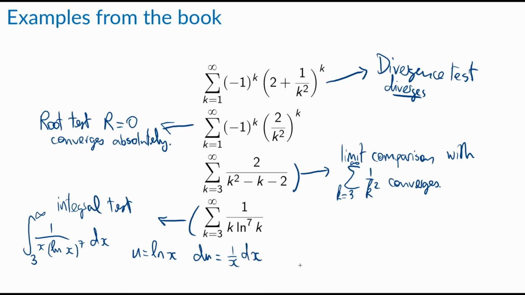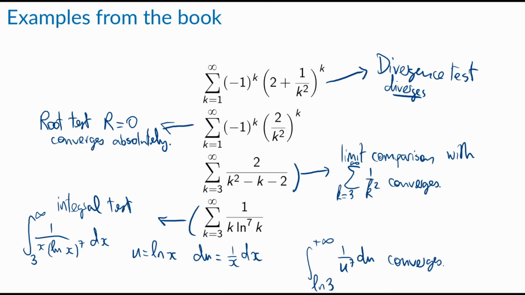And so our integral becomes the integral from natural log of 3 to infinity of 1 over u to the 7th du, and then you can check that this converges. Right, so I've skipped some steps here. The point is just to illustrate the thought process.